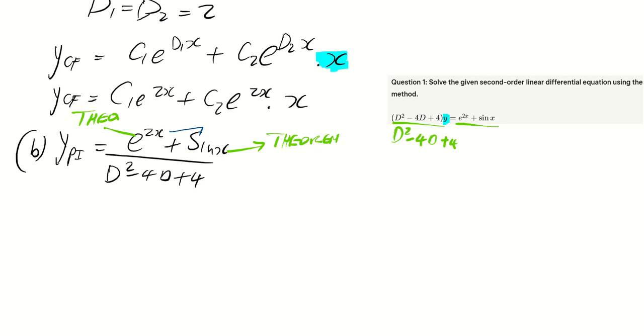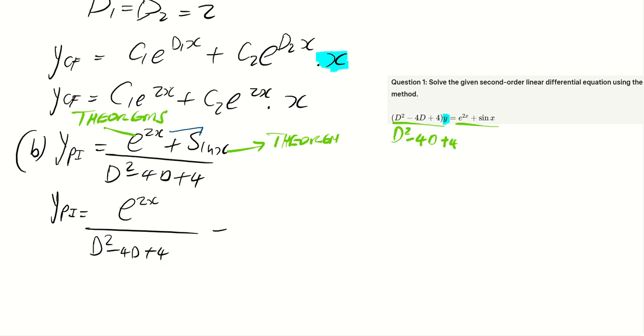So they use different theorems. If they were using the same theorem, then we would just leave them as they are. But since they are using different theorems, you say e to the power 2x divided by D squared minus 4D plus 4, we split them, then sine x divided by D squared minus 4D plus 4.